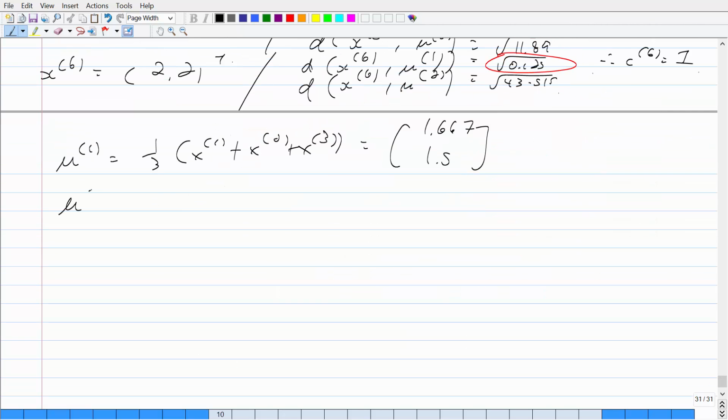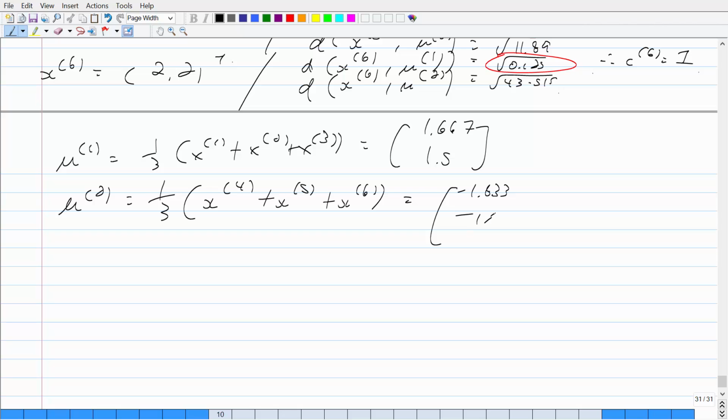And then finally, you want to calculate the centroid for the last set of training examples, which is 4, 5, and 6. When you calculate this, we get minus 1.833 repeating and minus 1.5.